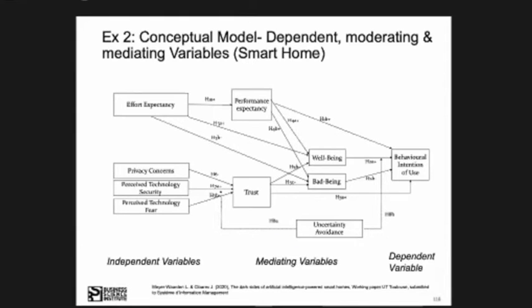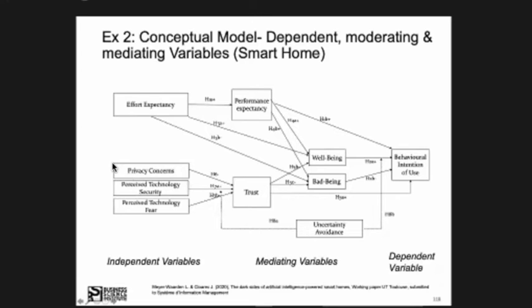Here, the conceptual model of smart home adoption. We have independent variables here. The lower the effort expectancy, the higher there should be the performance expectancy. So they have an impact on the mediating variable performance expectancy. We have also another mediating variable, well-being. So the lower the effort expectancy, the higher should be the well-being, and the lower should be the ill-being.